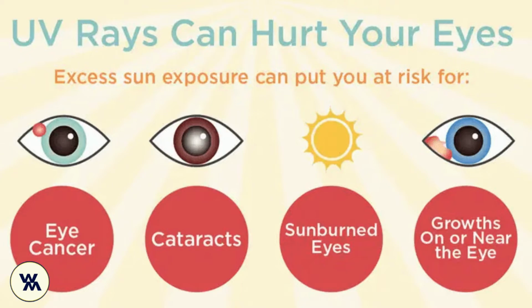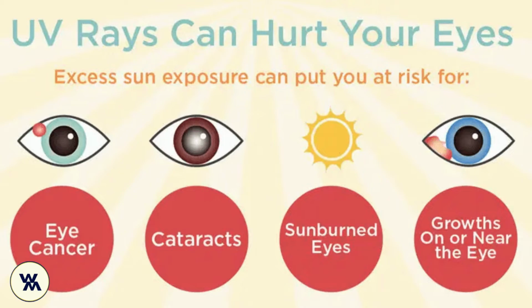Now let's look at the eye. UVA can also hurt your eyes, as I said before. Excess sun exposure can put the eye at risk. We can get eye cancer, cataracts, sunburnt eyes, and growths underneath the eye.